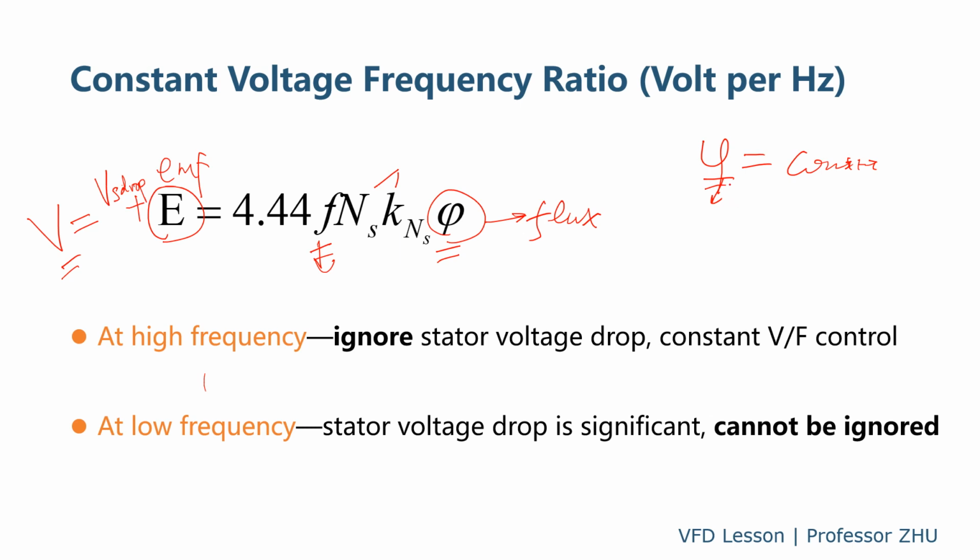So in order to keep the flux at the rated value, V by F should be constant. That means when you change the frequency, you need to change the voltage at the same time.